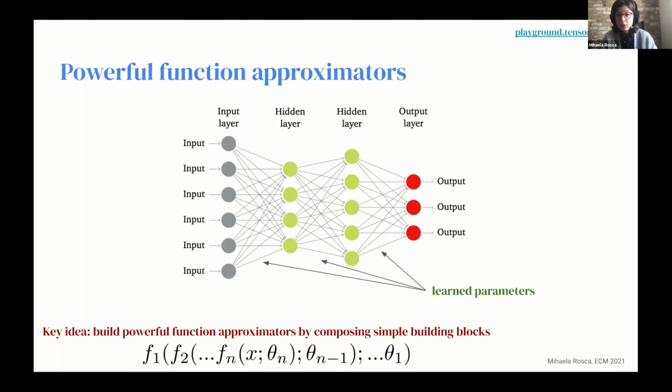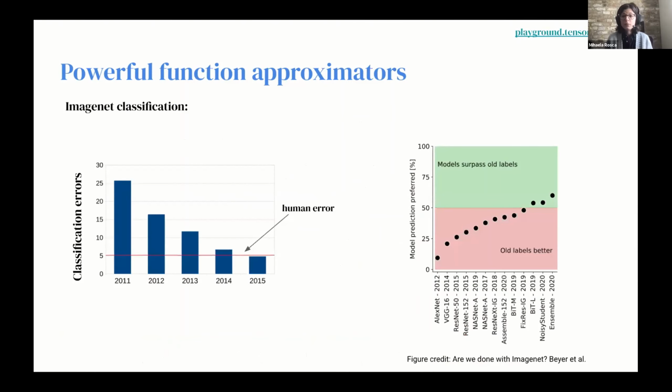And they are followed by a nonlinearity that is not learned, something like a sigmoid or a tanh. And the key idea is that when we compose these simple functions, we actually can get very, very powerful function approximators.